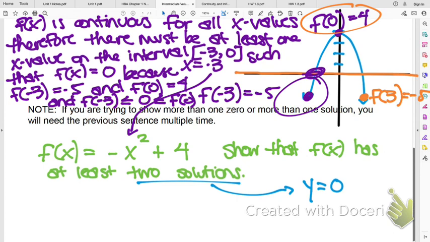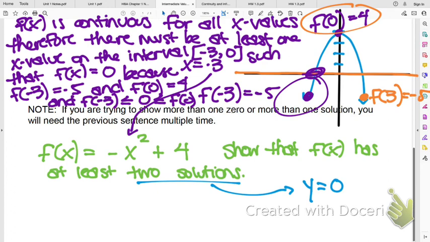So you can either say f of 3 is less than 0, which is less than f of 0. Or you can reverse the inequality signs and say f of 0 is greater than 0, which is greater than f of 3. Okay?